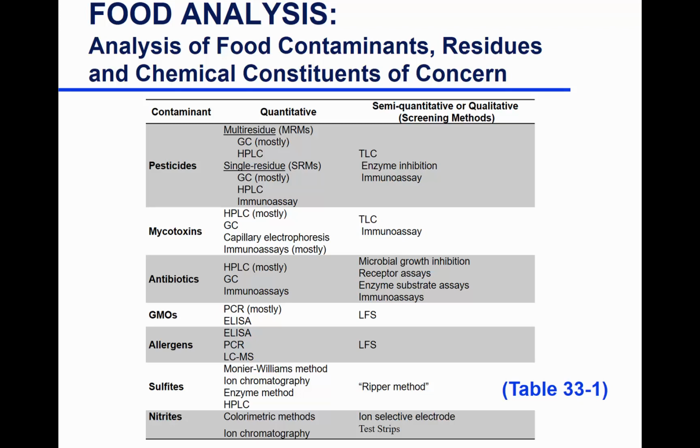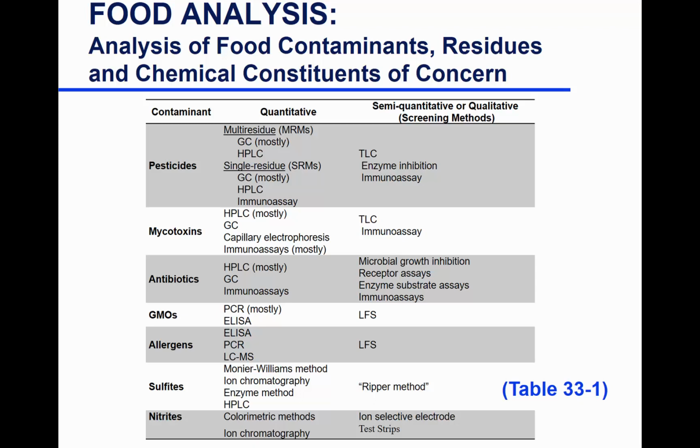GMO, PCR for DNA and ELISA, and lateral flow strip we talked about earlier. Allergens, same, and we can also detect allergens with LCMS, tandem MS specifically, and lateral flow strip as well. Sulfite, there are a number of them.